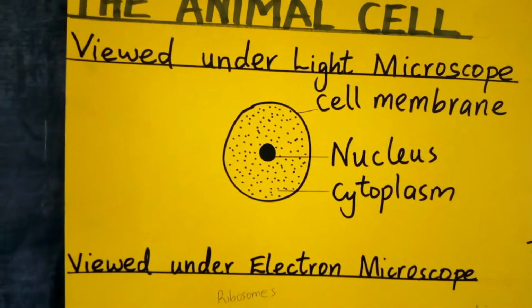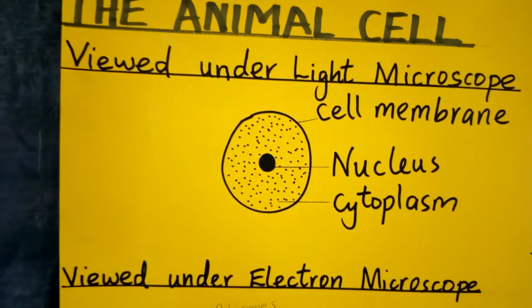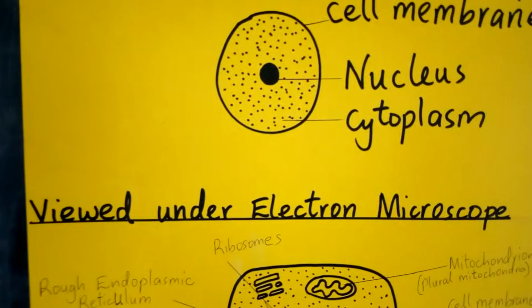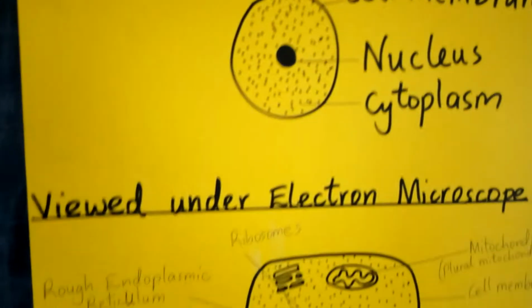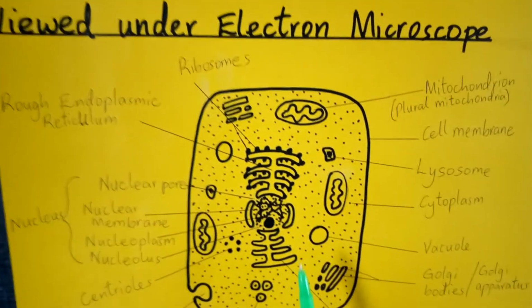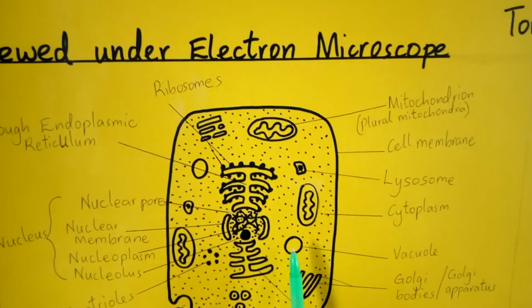The animal cell may be lacking the vacuole. The vacuole is always absent in animal cell, but at times it appears to be present, especially when viewed under an electron microscope.